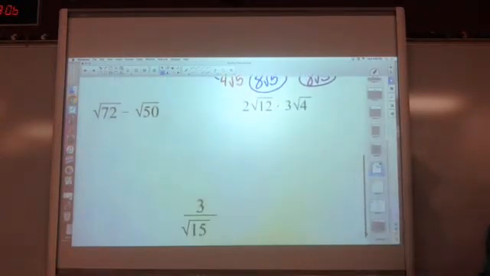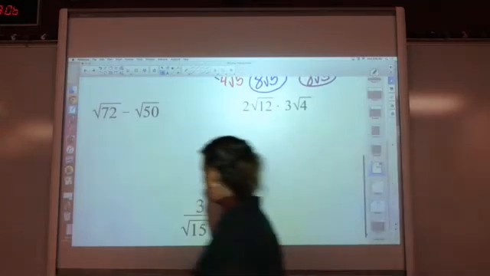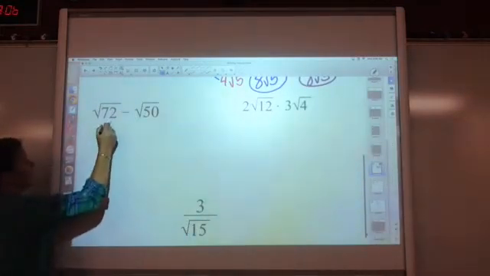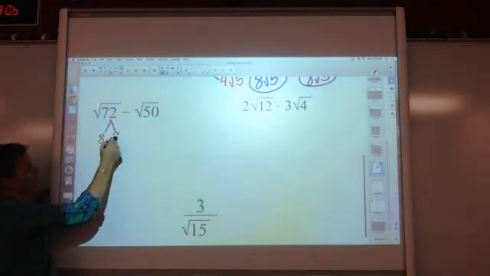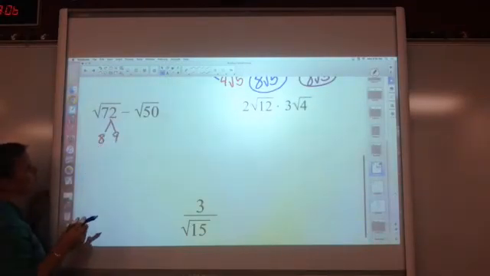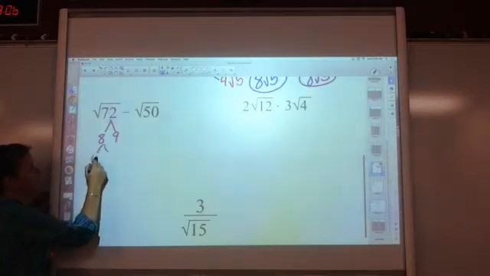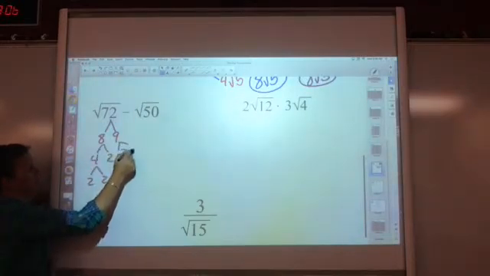Here is a subtraction one. You have the square root of 72. Find 2 numbers that go into 72, like 8 and 9, or 6 and 12, or 2 and 36. Keep breaking them down into all of their factors until you find pairs.